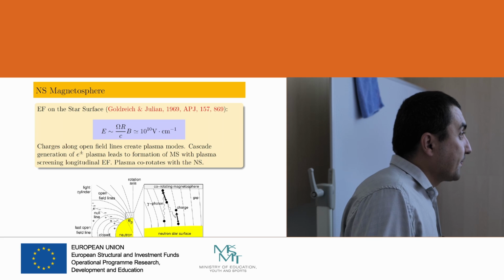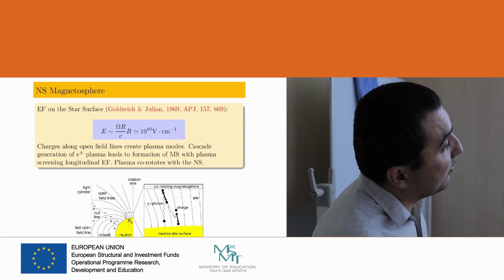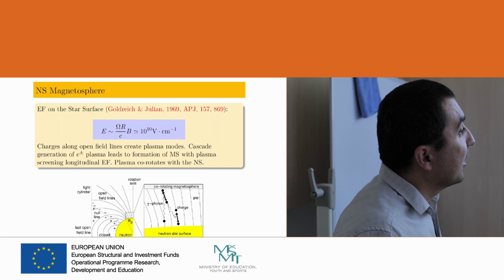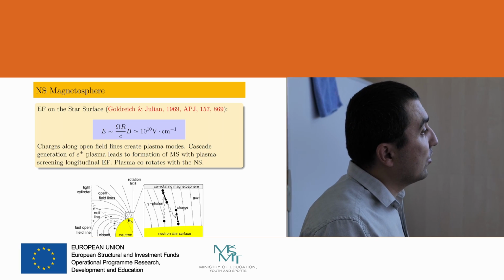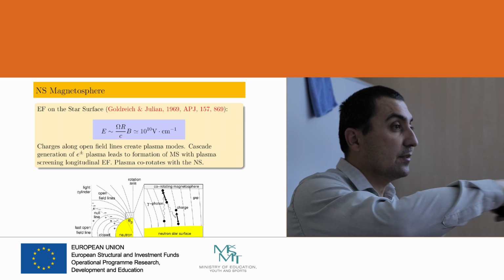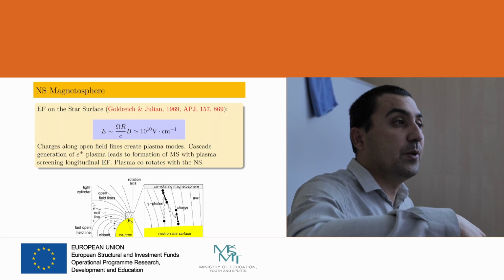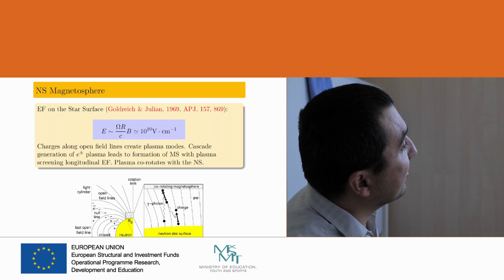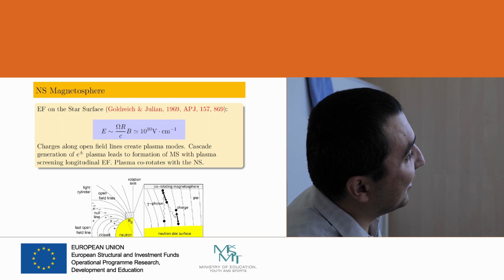So as the star rotates, the magnetic field lines are correlated with the star, and as this magnetic field line goes far, the linear velocity of the magnetic field line reaches the speed of light, and here is the light cylinder where these lines are closed.